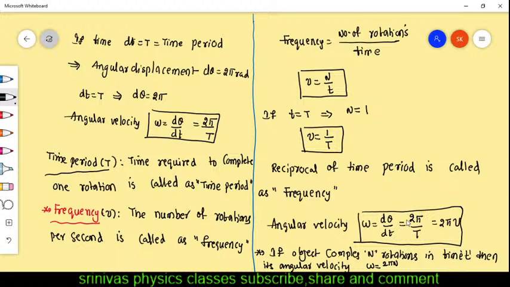In one rotation, 360 degrees is the angular displacement, but we should not express in degrees; radians are required. 2 pi radians in one rotation. In n rotations, 2 pi n angular displacement by time t. Then one more formula for angular velocity is 2 pi n by t. Take the screenshot and note it.